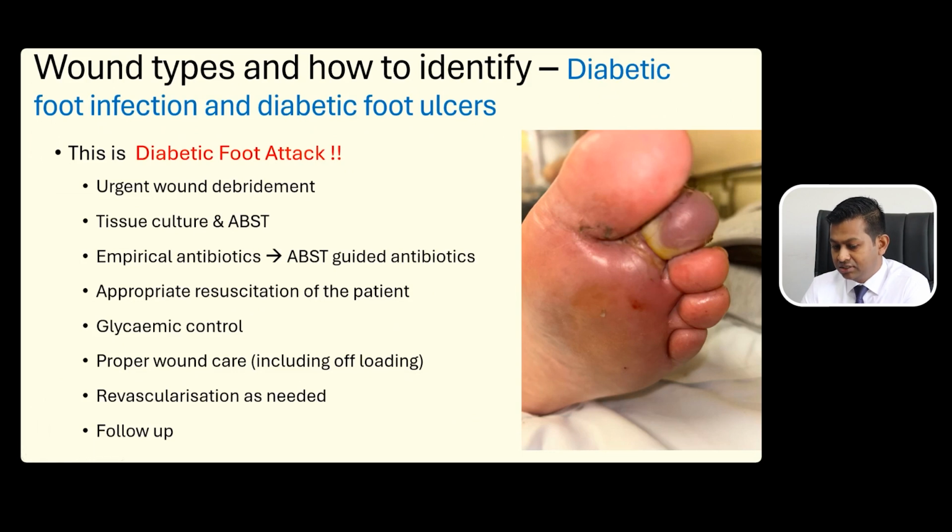So they may need, the chances are quite high that they will need some sort of revascularization, like I said, the bypass, angioplasty or something. And once the acute phase is sorted out, we need to follow them up. We can't forget them, we can't let them be. We need to keep an eye on them and make sure that they are safe.